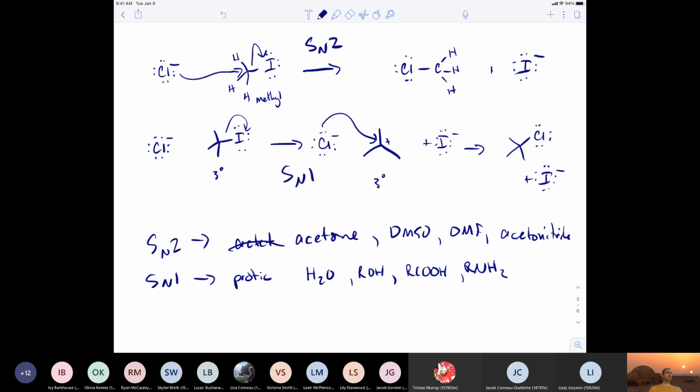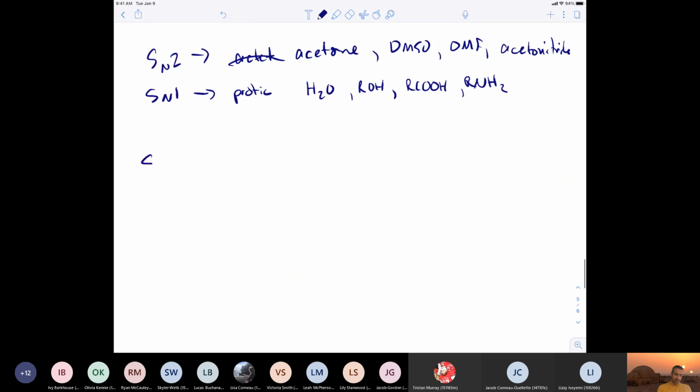In SN2, the nucleophile is often an ion, so it's stabilized by a protic solvent. And you don't want to stabilize your reactants. You want to destabilize your reactants and stabilize transition states and intermediates. All right, SN1, SN2. We also said SN2 was favored for what I'm going to call unhindered substrates, alkyl halides. So this would be things that are like methyl and primary.